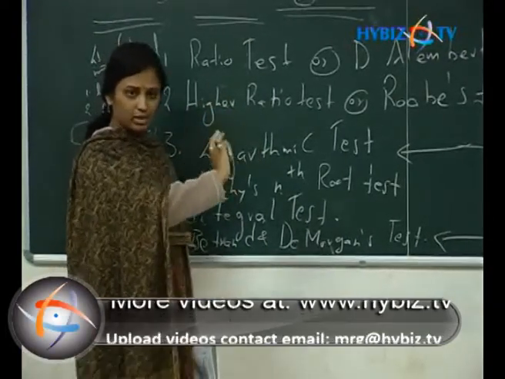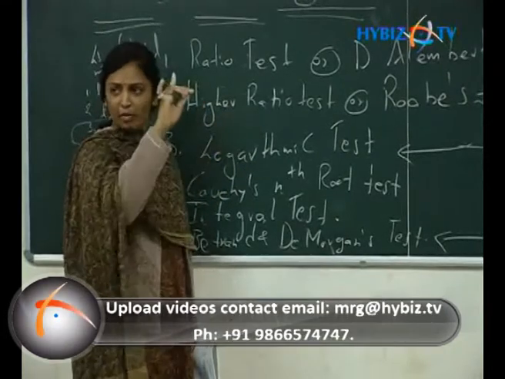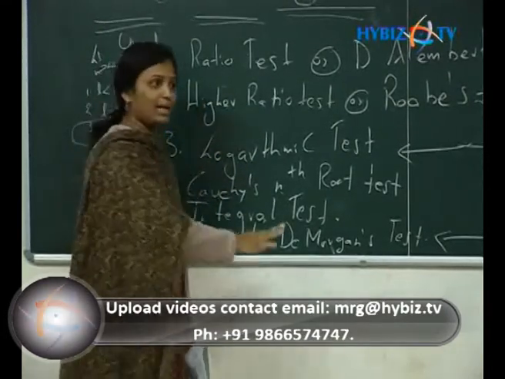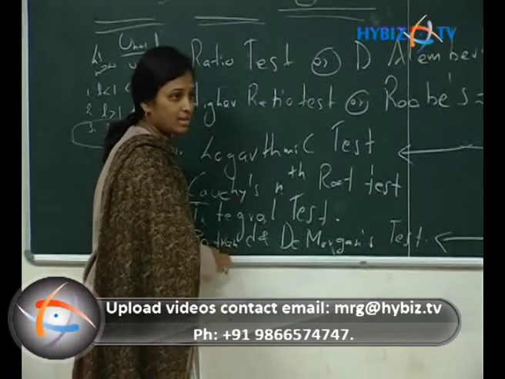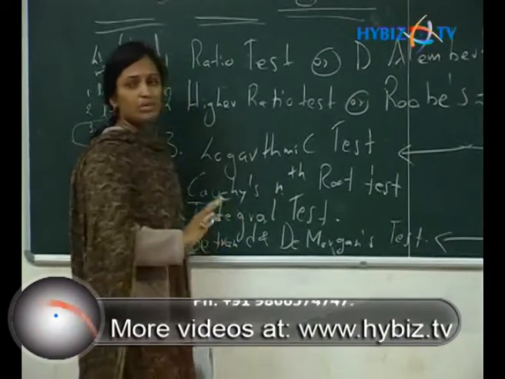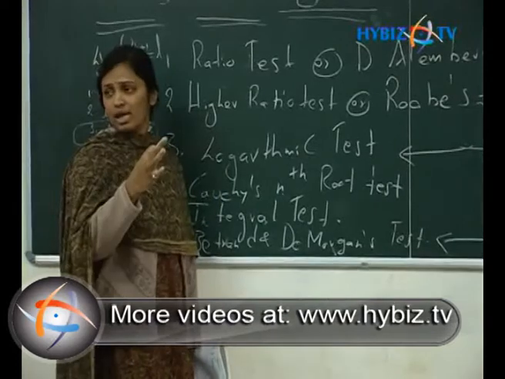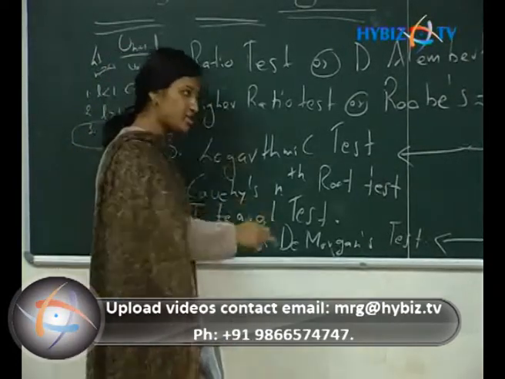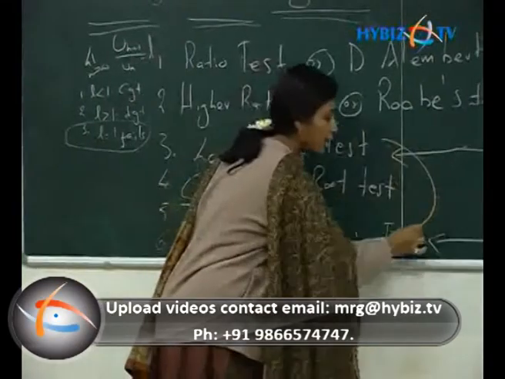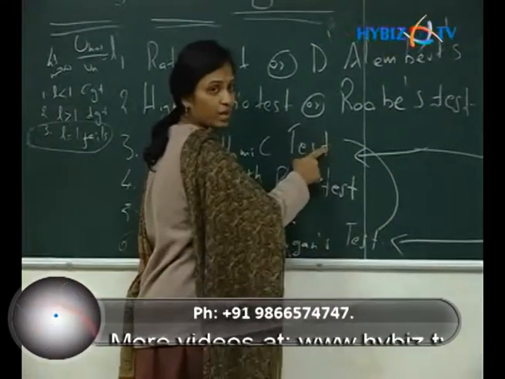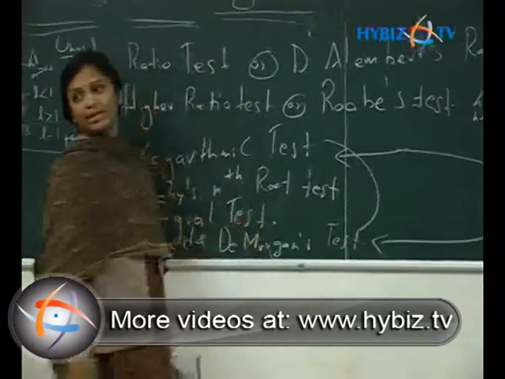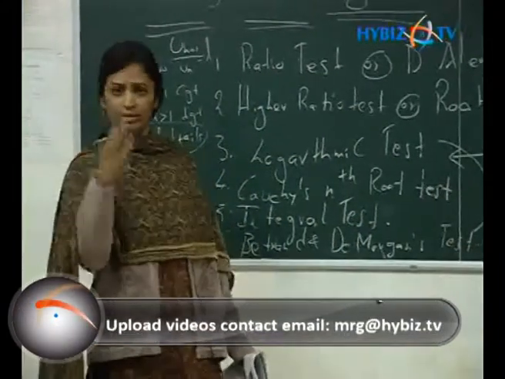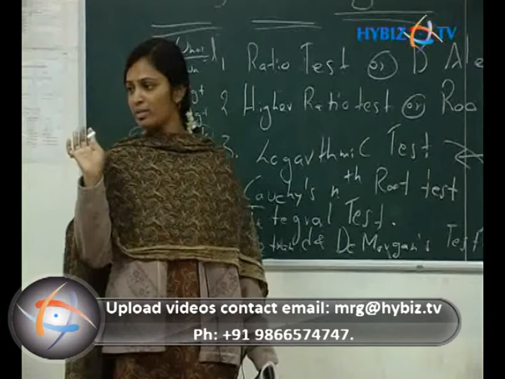Next, if the test fails with 1 by x or x, directly you are going for the last test. Now suppose you get xe or 1 by xe, then you have to go first for the logarithmic test, and only if the test fails again, then you have to go for the Bertrand test. 99% you will get the solution in the logarithmic test itself.